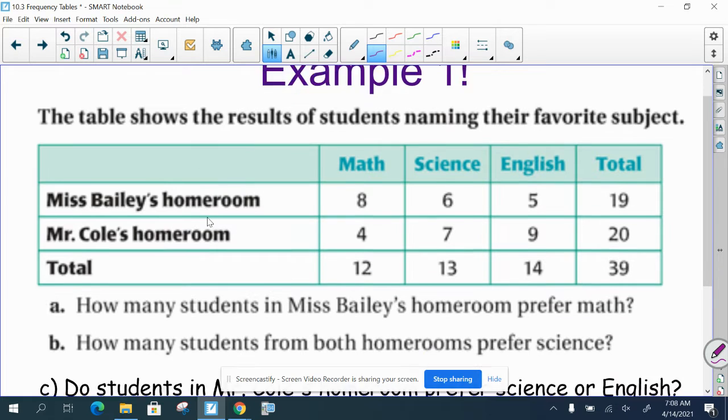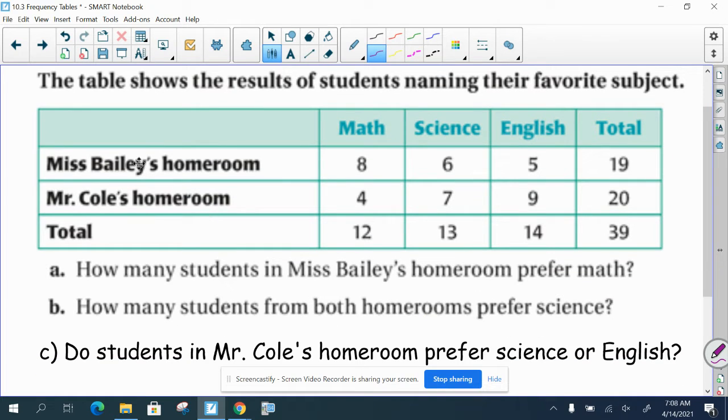For this example, you've got Miss Bailey's homeroom and their favorite subjects: math, science, or English, and then Mr. Cole's homeroom, and then it has the total. Sometimes it doesn't give you the total column, and then you have to just add it up and figure out what the total is. How many students in Miss Bailey's homeroom prefer math? That would be 8 students.